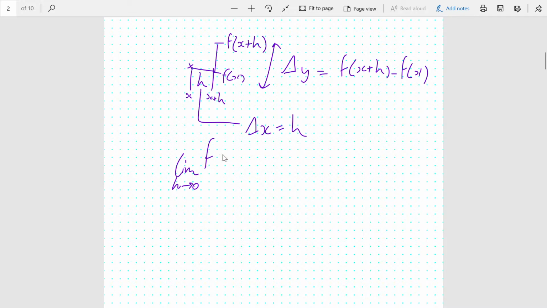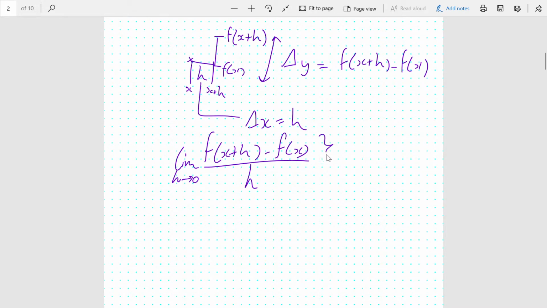Which is why you get lim h to 0 of (f(x+h) minus f(x)) over h, because this part is the delta y, which will go to dy when h becomes 0, and this part is the delta x, which will go to dx when h is 0.